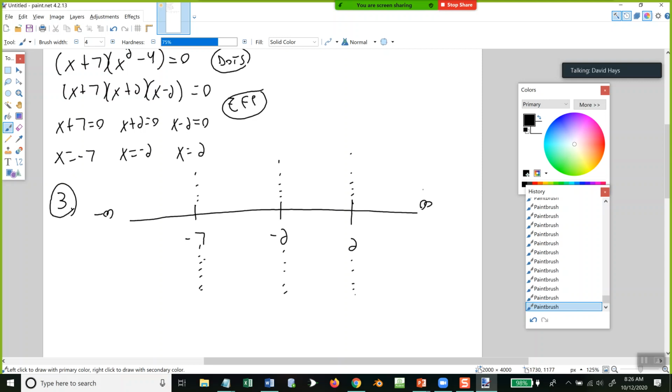Again, knowing what happens with the leading coefficient test and all that, I know my graph is going to come up like this, and go up like that.